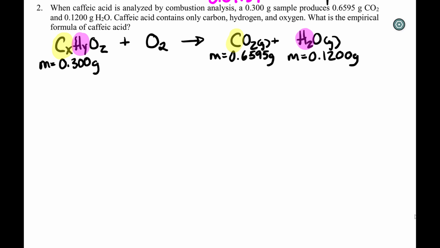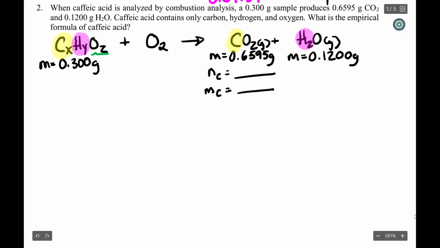The tricky part is really the oxygen. However, if we were able to figure out the number of moles of carbon in here, the way we did in the previous question, we could then use the molar mass of carbon to figure out the mass of carbon.